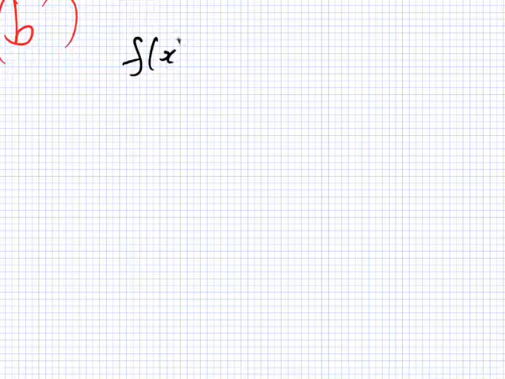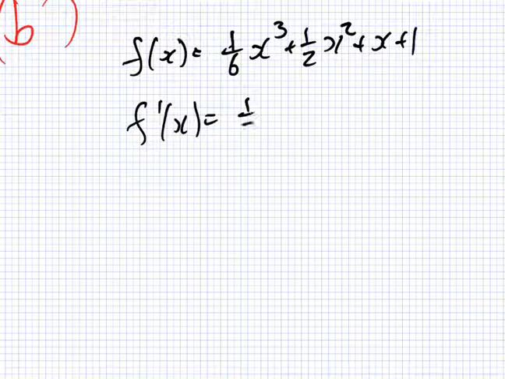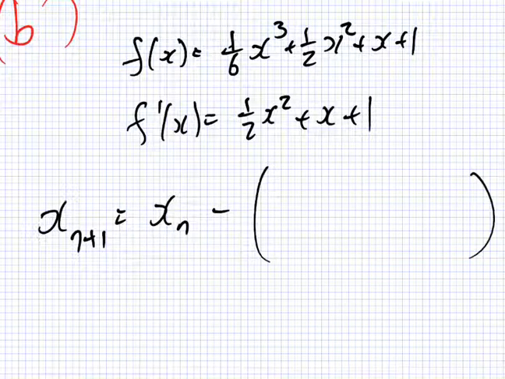So f(x) equals 1/6 x cubed plus 1/2 x squared plus x plus 1. The derivative here would be 1/2 x squared plus x plus 1. Newton-Raphson's formula is this. And we put the f(x) on the top.